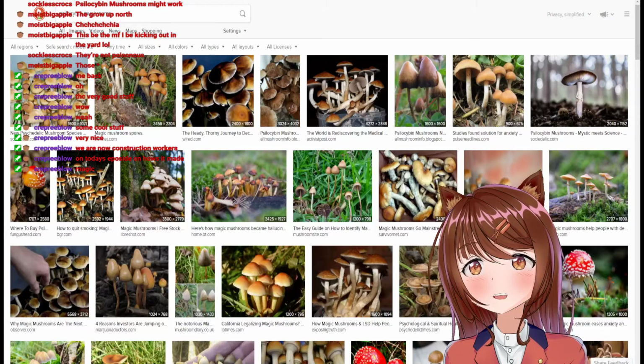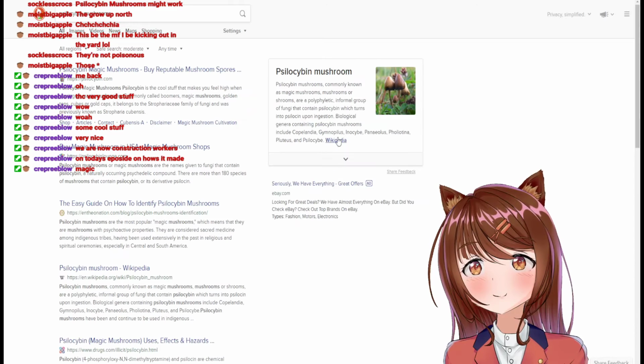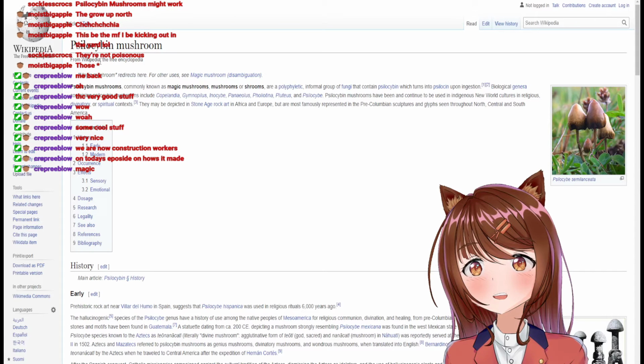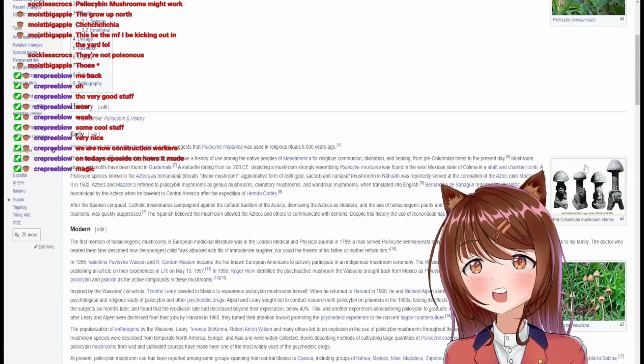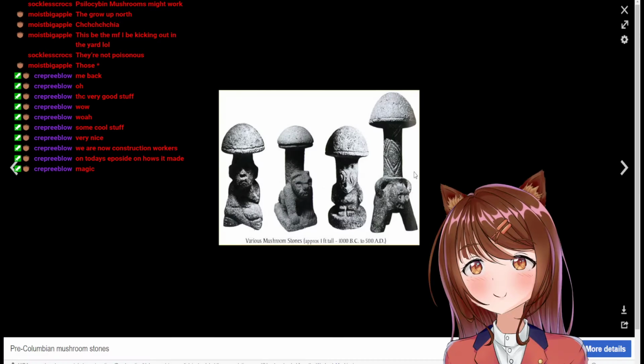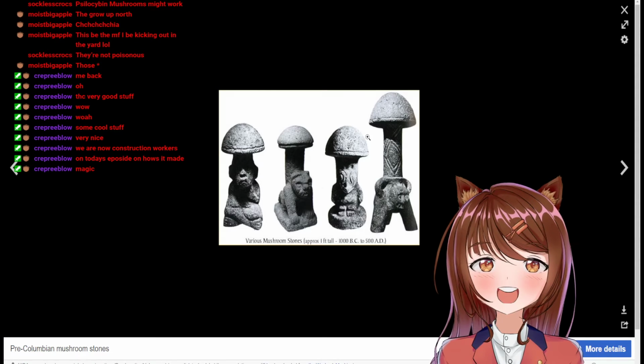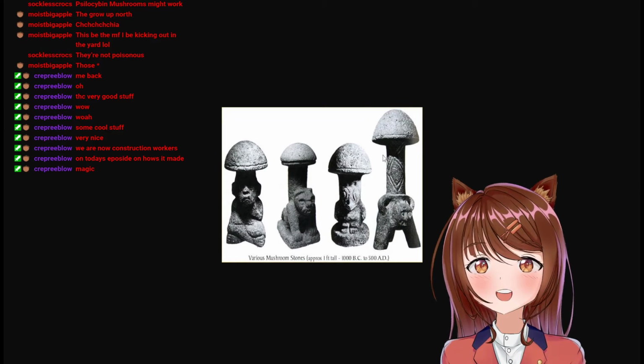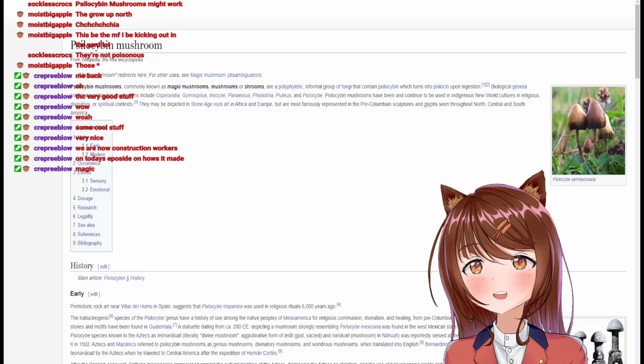Magic. Do you believe in magic? Blah, blah, blah. What is this? The psilocybin mushroom. This is what we were looking at earlier. Mushroom stones. I'm dumb. They're funny looking.